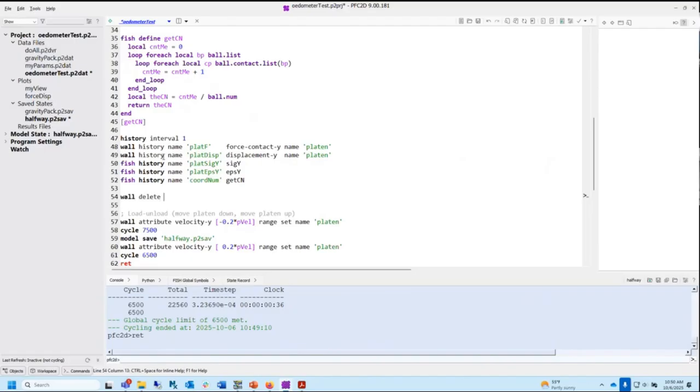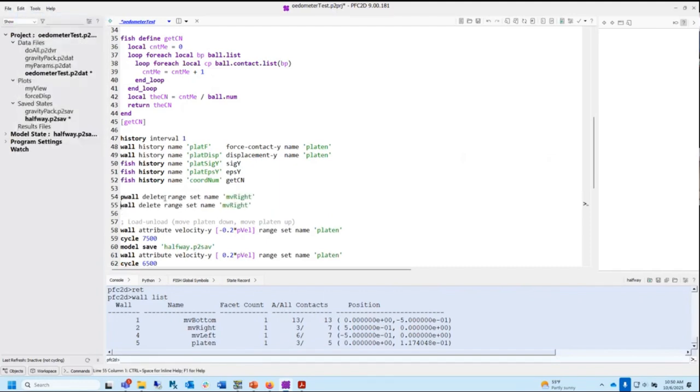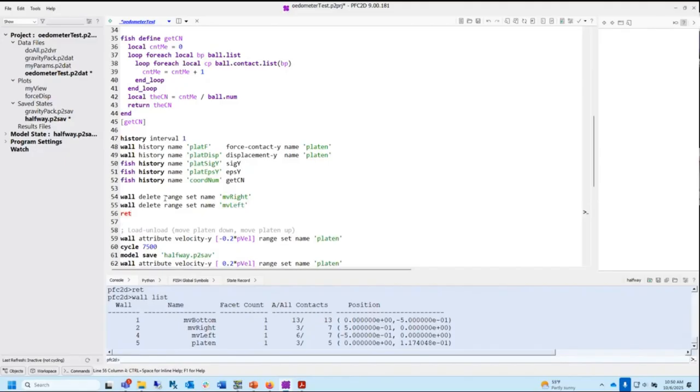Wall, delete. What are the names of those walls? Wall list. MV right and MV left. Wall, delete. This is the one AYAT remembered. MV right. And wall, delete, MV left. And then let's take a look at it. Just run this.